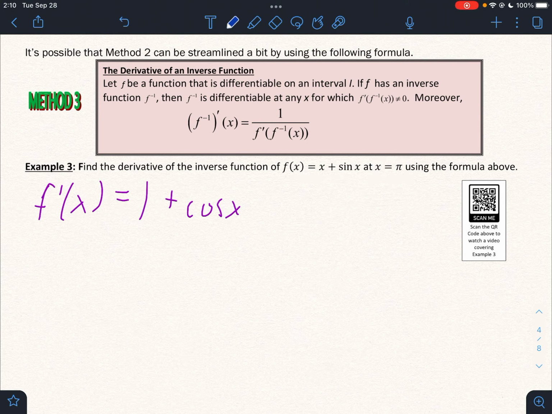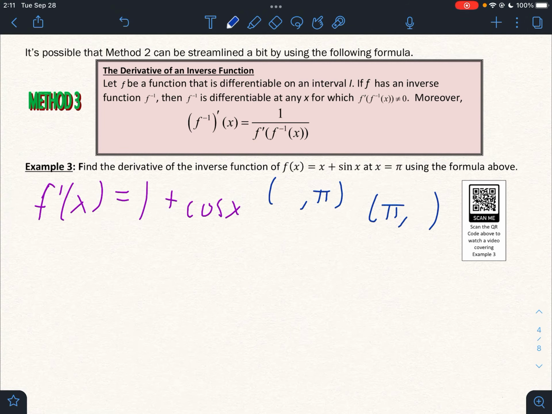Remember what that means from the first slide. If on the inverse function the point is pi comma something, on the original function the point would be something comma pi, right? So our y coordinate would be pi. If we put pi into our y coordinate here, then we're going to think about, when would x plus sine x equal pi?